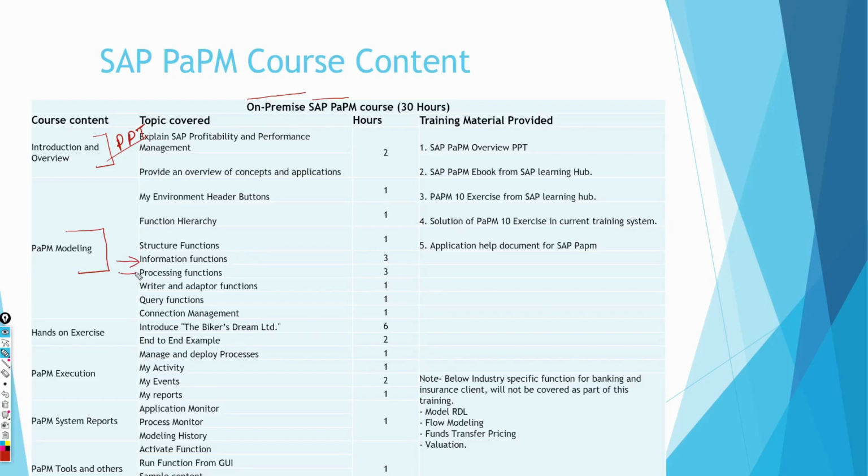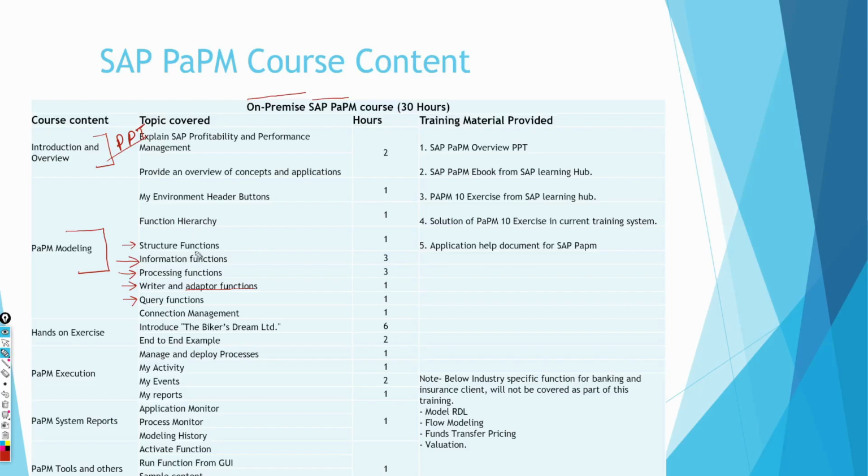Then we have processing functions which process data within PAPM. Then we have writer functions which write the data either to a BW, or when we say adapter function, we can post an accounting document back to ACDoc using adapter function. Those functions are under writer and adapter function. Then whenever we want to show any output to the user, we will use query functions. So these are different functions, structure functions also there.